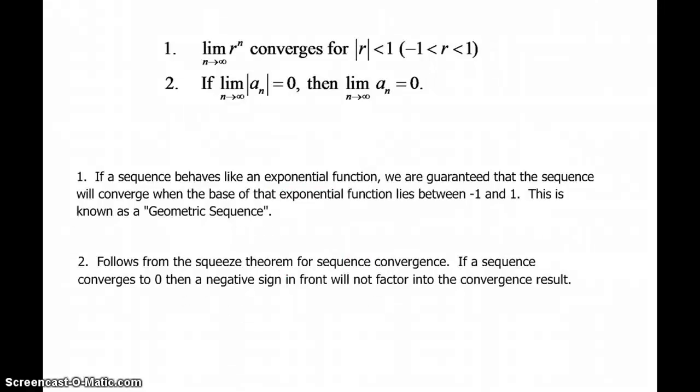Now let's talk about how a sub n looks. Sometimes, depending on the makeup of a sub n, we can call it a certain type of sequence. If a sub n is of the form some real number r raised to the power of n, where r is some real number value, it doesn't just have to be an integer, then this is a geometric sequence.